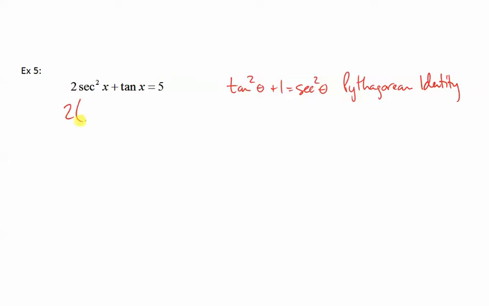So my secant squared gets rewritten as tan squared x and 1. Leave tan x alone. Bring 5 to the left side of the equation and make it equal to 0. I'm going to expand, and I can see that I have a quadratic trig relationship. So I've got tangent squared, I've got tangent. This is 2 minus 5, so minus 3.